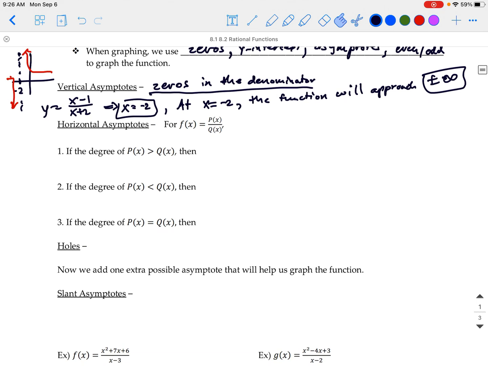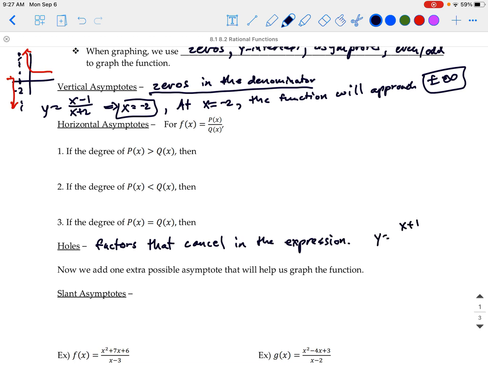Now, horizontal asymptotes are going to have the most analysis required for them. So we'll jump down a little bit to holes here. And so these are going to be factors that cancel in the expression. So these are not vertical asymptotes.